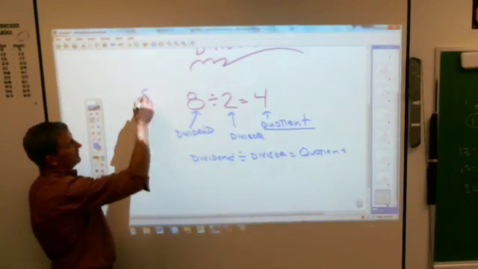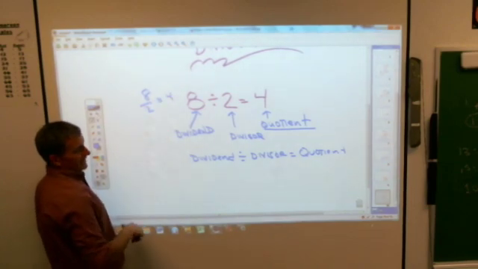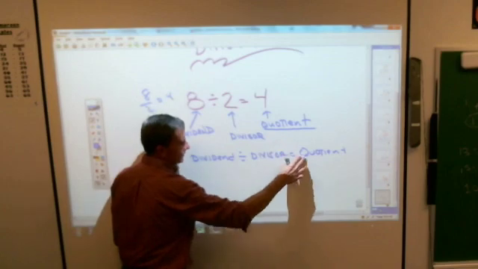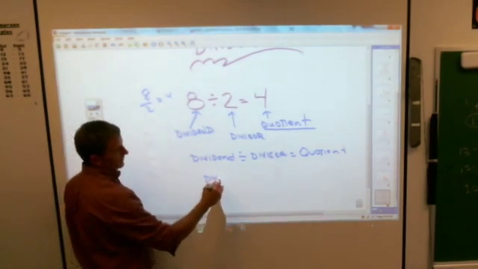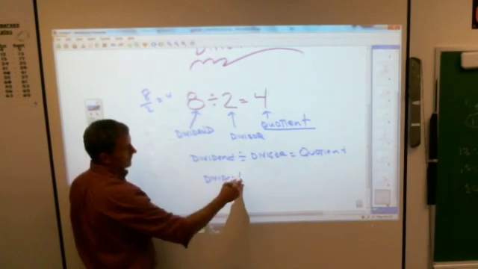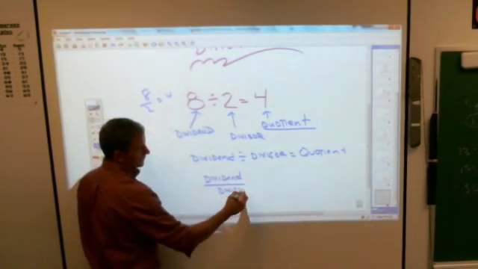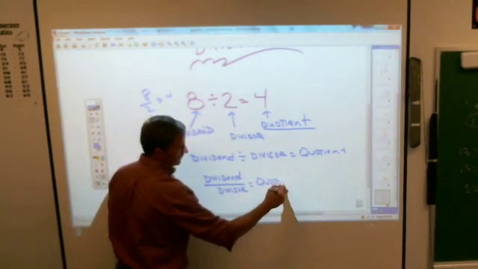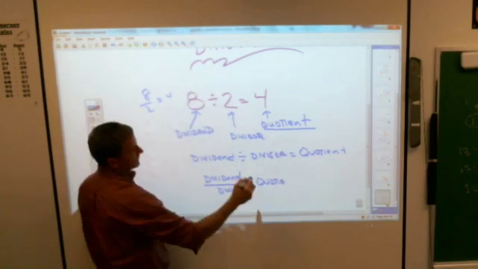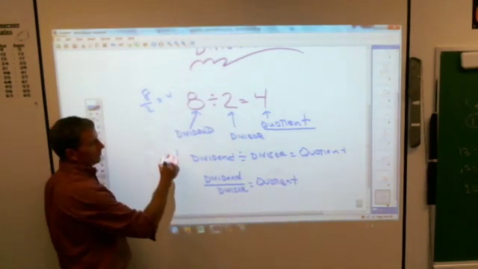Remember, 8 divided by 2 is 4. If I'm doing it like that, it's the dividend over the divisor equals the quotient. This is one way to show it.